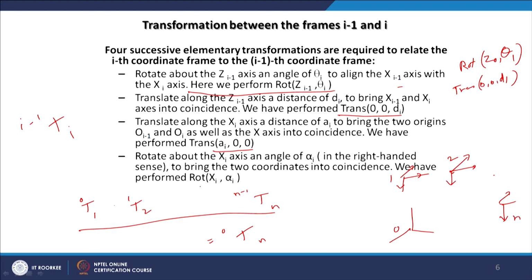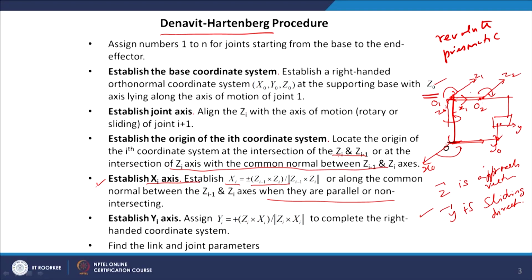If we make a rotation about the x axis by an angle alpha i, then the z axes, which are different, will also coincide. Here z0 is pointing in this direction and z1 is pointing perpendicular to the paper, so they coincide with the twist angle alpha i rotation about the x axis.